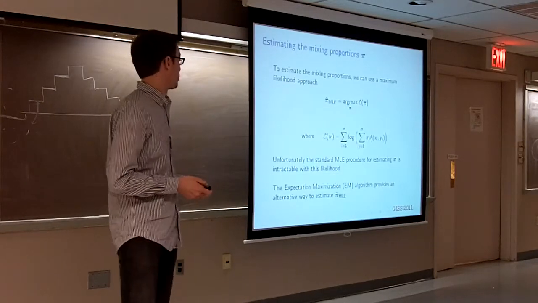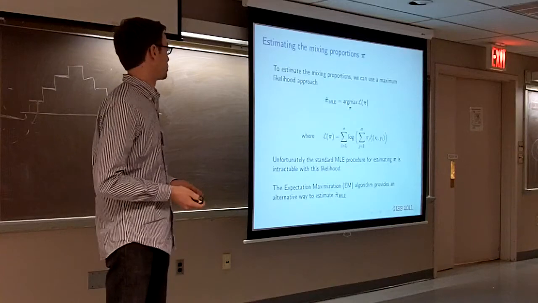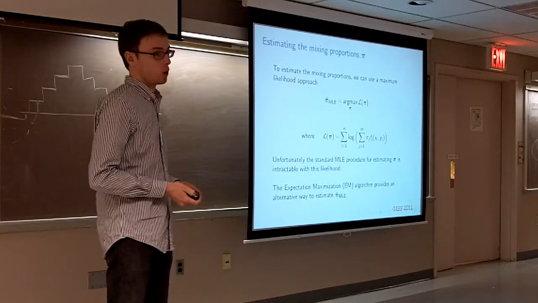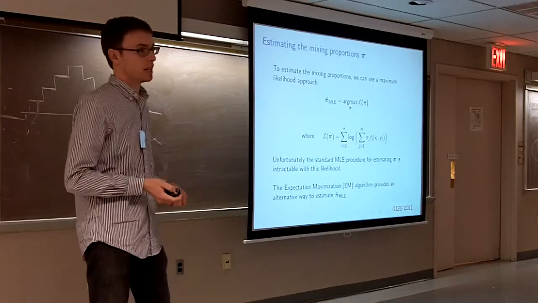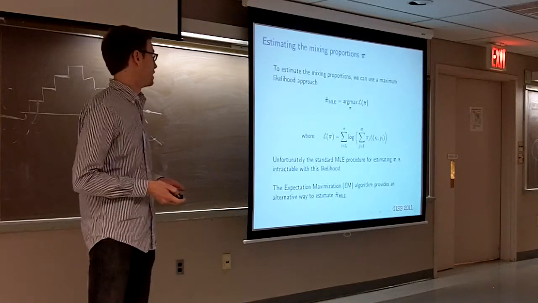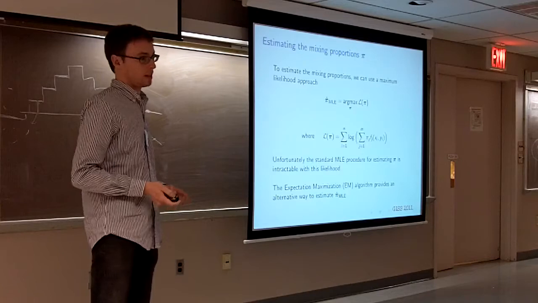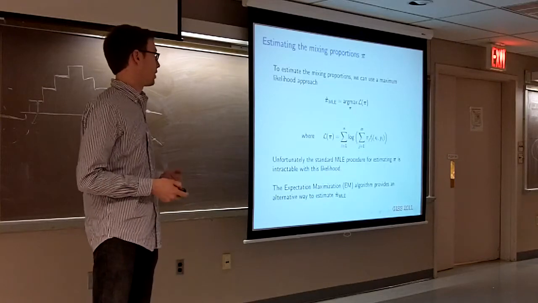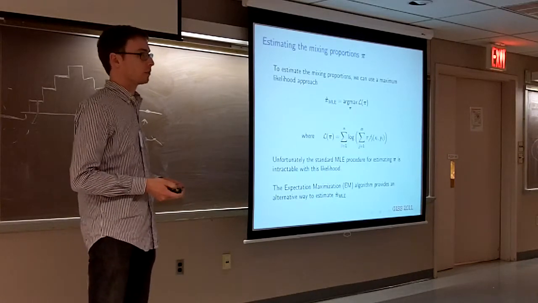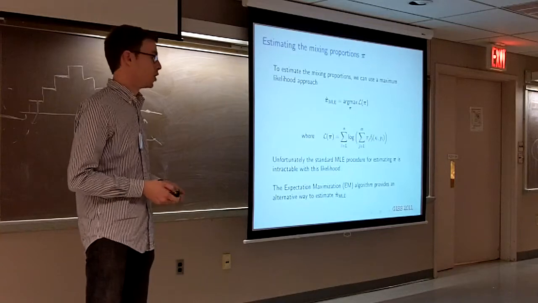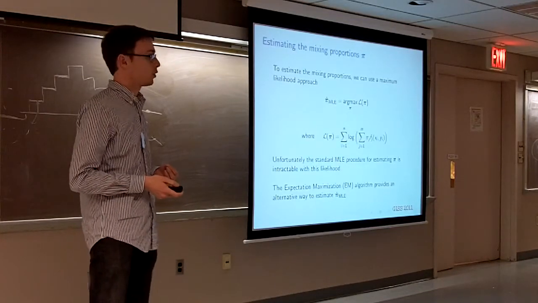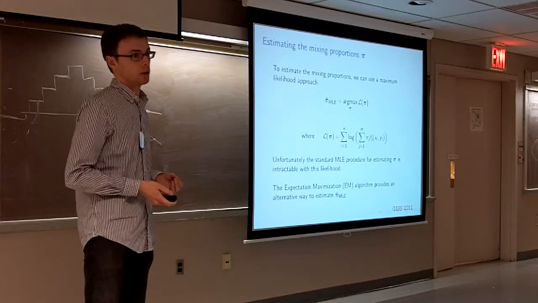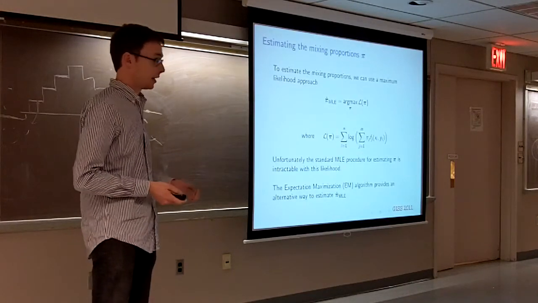So to estimate the mixing proportions, a natural approach would be to use maximum likelihood, which is basically a way to find the most likely estimate. If, let's say, you have a normal density characterized by some mean mu and some variance sigma, maximum likelihood allows you to pick those 2 parameters that maximize the joint probability of all the data.